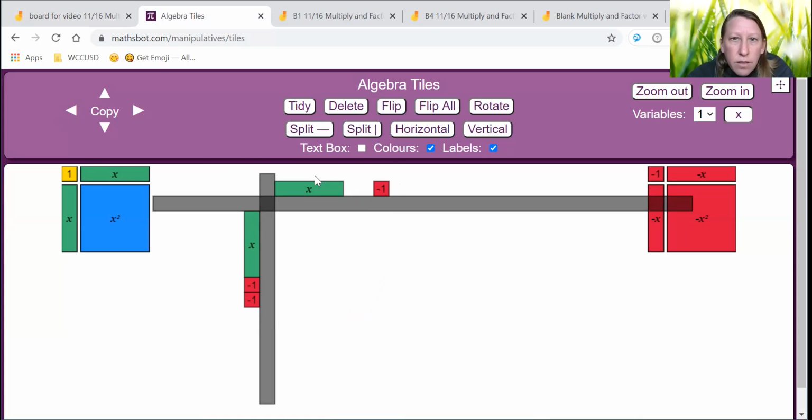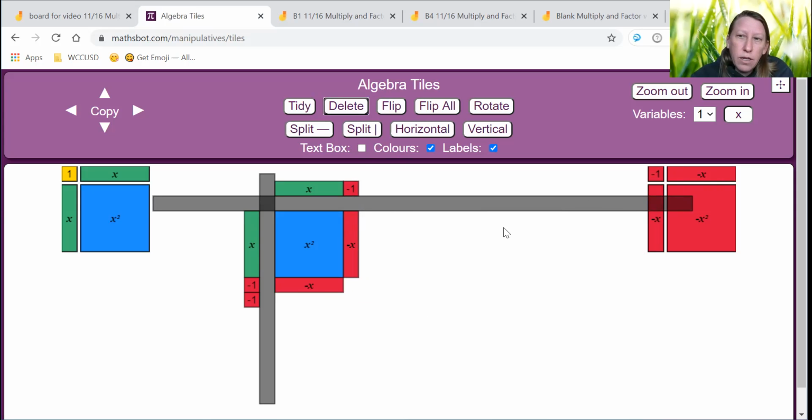And I drag that over. x minus 2 times the quantity x minus 1. I'm going to fill that in. And even though that fits there, this can't be x. It has to be the opposite of x. So that is going to get deleted. And I need this one instead. So x times -1 is negative x.